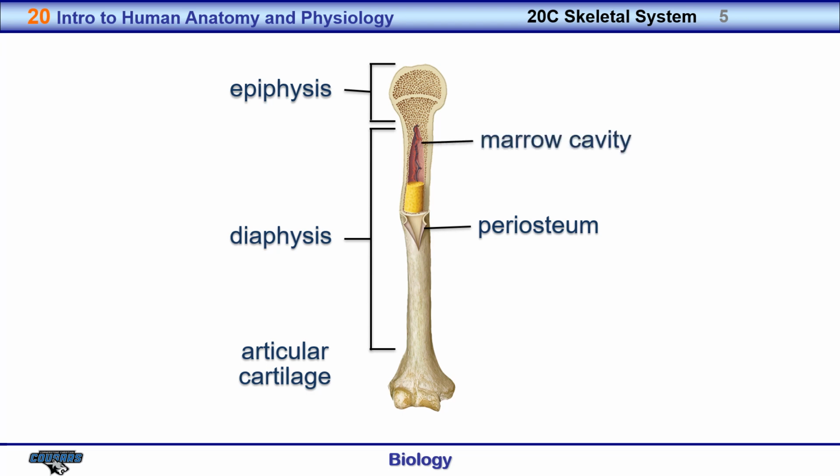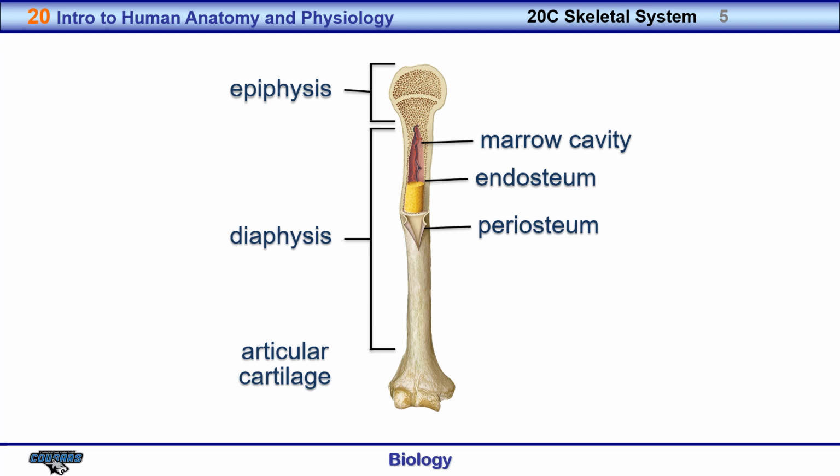The bone marrow, which is the inside of the diaphysis, is actually hollow, and this cavity usually extends the entire length of the diaphysis. Lining the inside of the marrow cavity is the endosteum, and like the periosteum, it's involved in bone growth and repair. So this bone can repair itself from the inside and the outside.